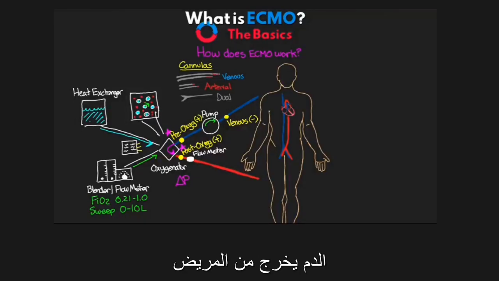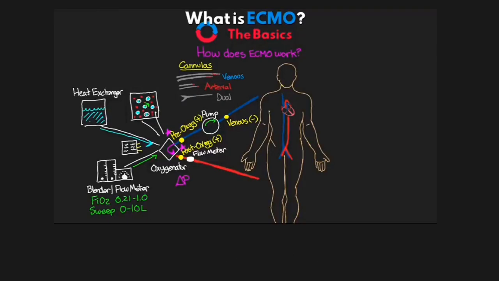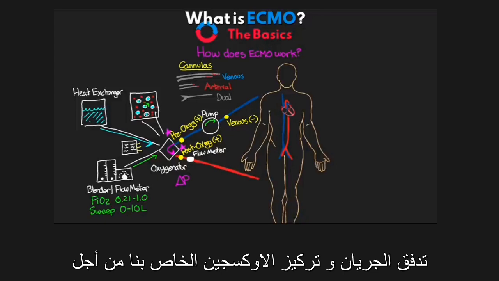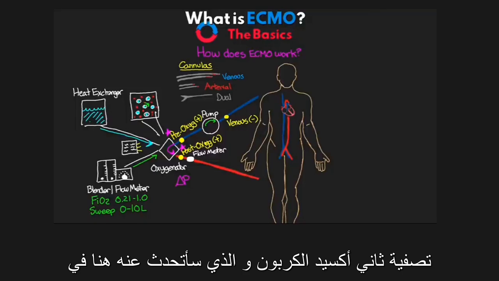So again, we have the blood coming out of the patient through a venous cannula. It's going to make its way past the venous pressure monitoring and go into our pump, which is then going to move it along through our pre-oxygenator pressure monitoring before it gets to our oxygenator. This is where the magic is going to happen. We're both going to get our sweep flow and our FiO2 in order to help with the oxygenation, as well as CO2 clearance, which I'll talk about here in a minute.